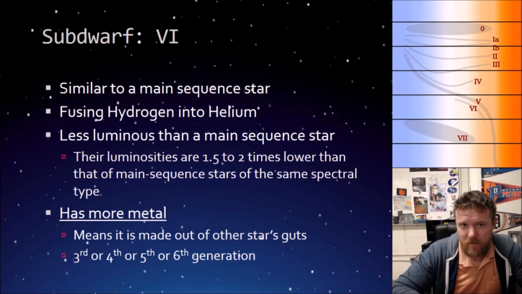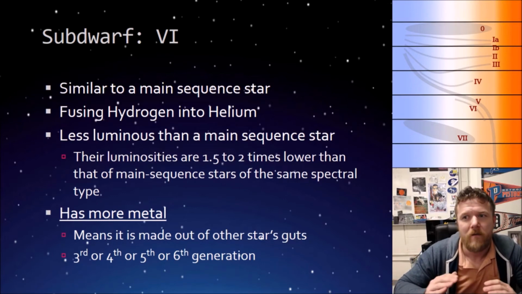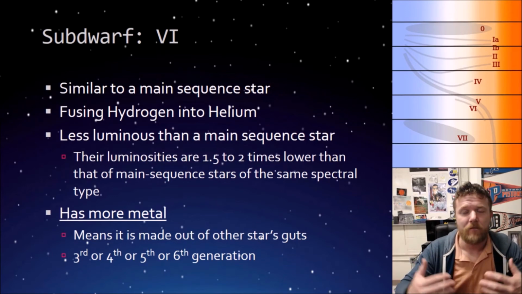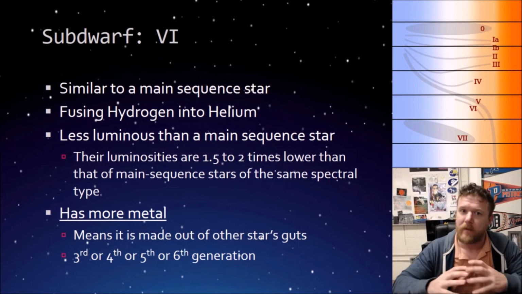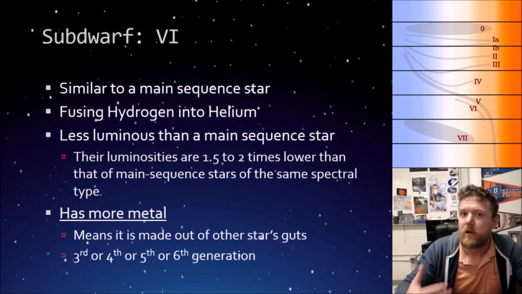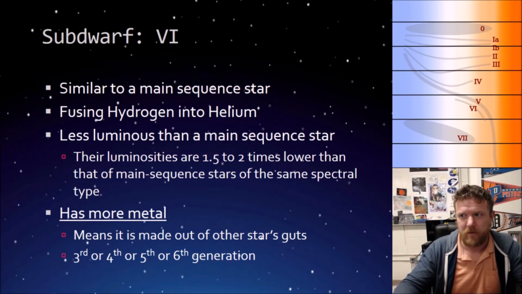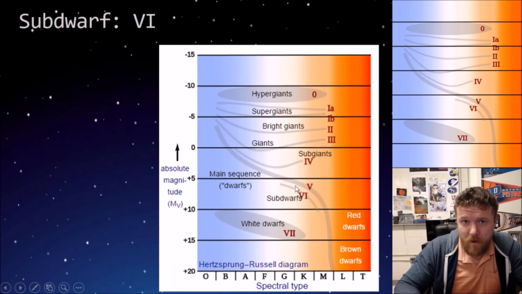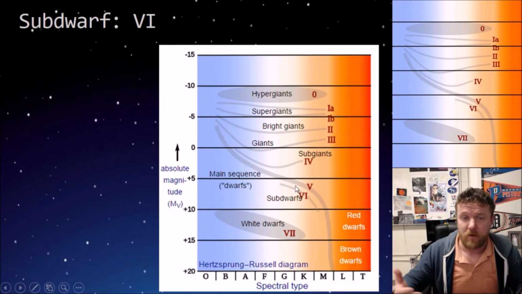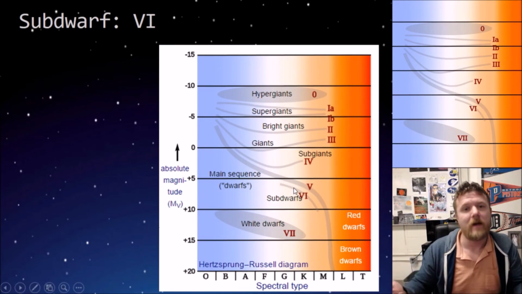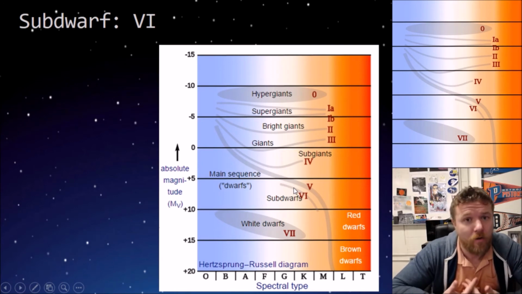If you are a star and you have what's known as a high metallicity, you have a lot of these already big elements in you, you're not going to burn as bright. You're not going to put out quite as much energy. And so when they are plotted on an HR diagram, even though they are just burning hydrogen, turning it into helium, they're not as bright because they've got so many heavy elements already in them.